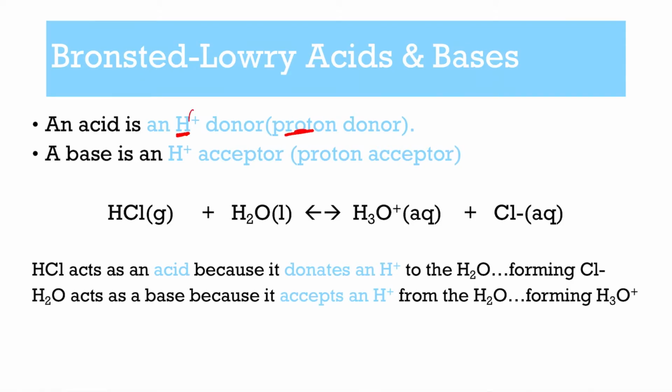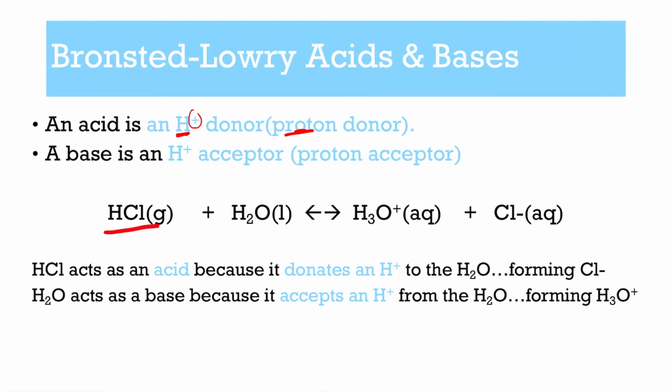And that's where that plus comes from. So it's just literally a proton. Now, acids will donate or give away a proton, or they have the capability to give away that proton, and bases have the capability of accepting that proton or that H+.